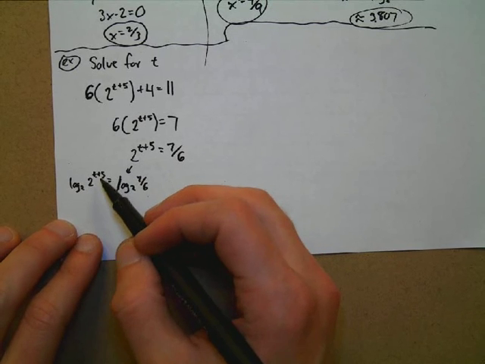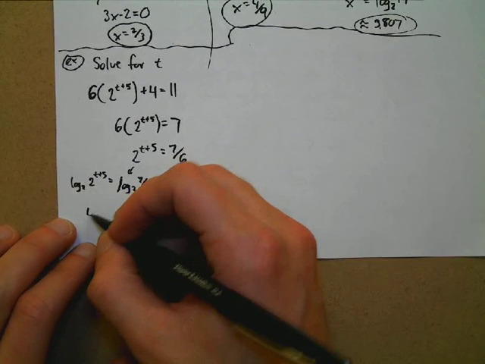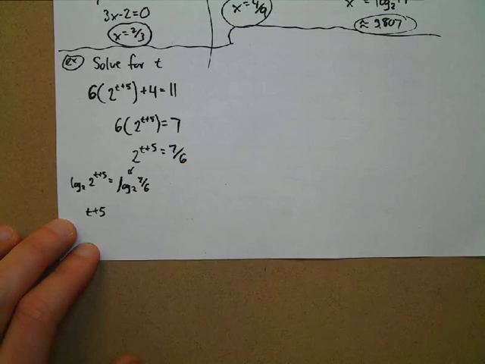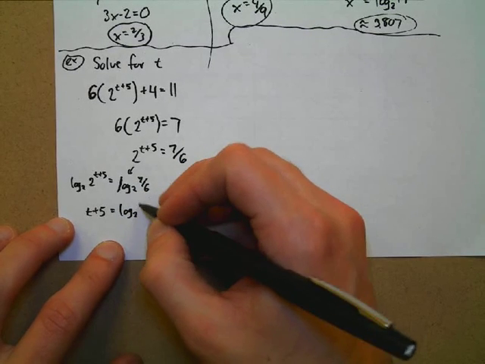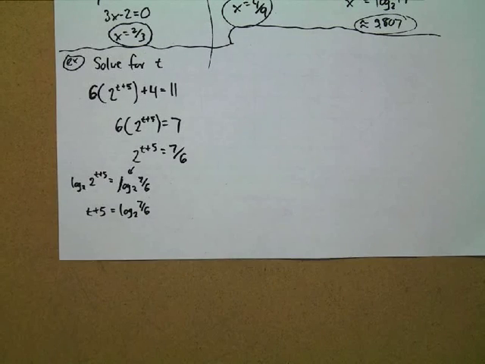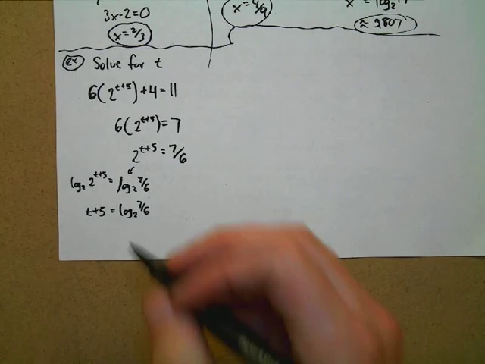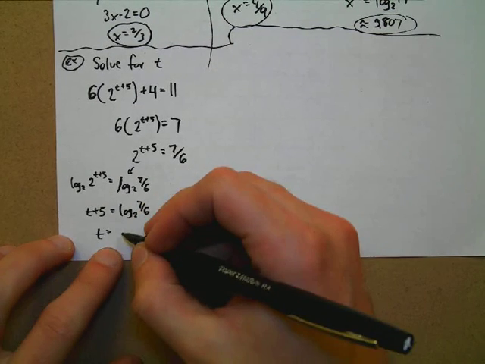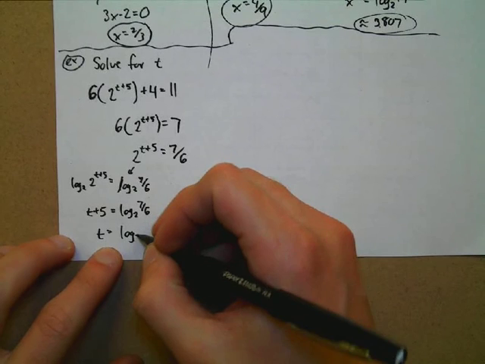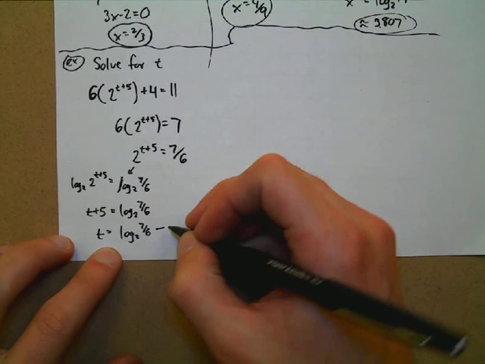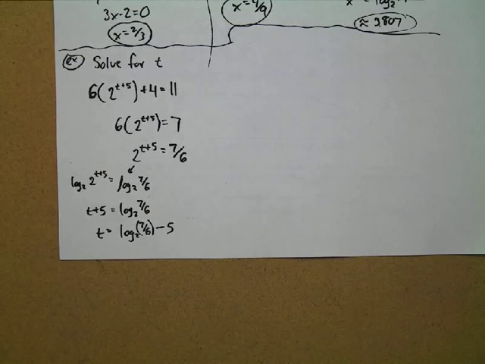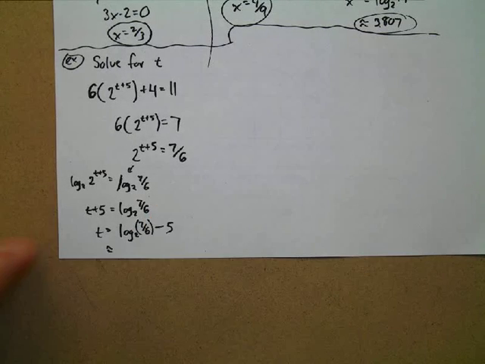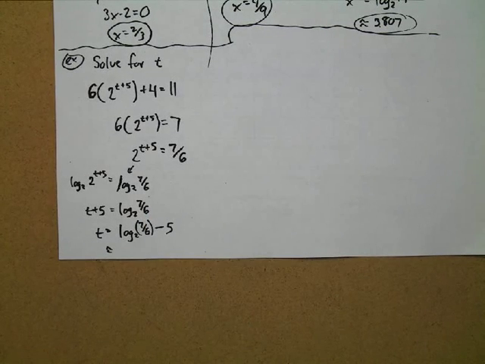Then to finish solving for t, I just have to subtract 5 from both sides. So it's log base 2 of 7/6 minus 5, or approximately log of 7/6 divided by log of 2, minus 5. So like negative 4.778, I would say, since that 6 would round.